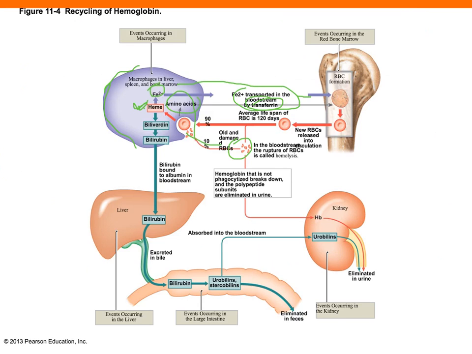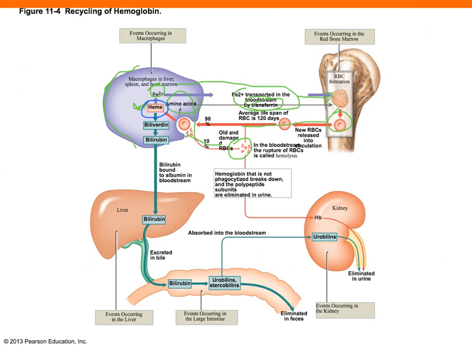So here we have the formation of new red blood cells. Here's a new red blood cell, and that's going to be put into circulation. Next, you have the heme molecule. This heme molecule was left after the iron was stripped from it.